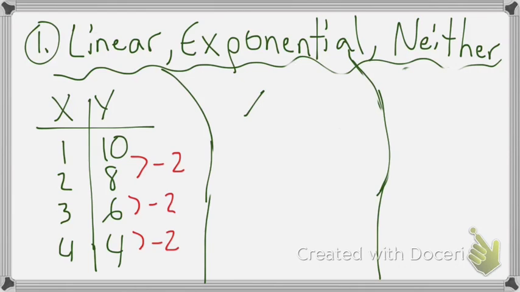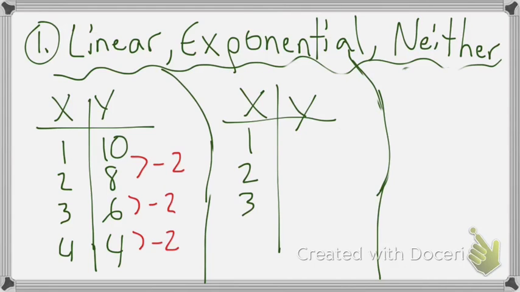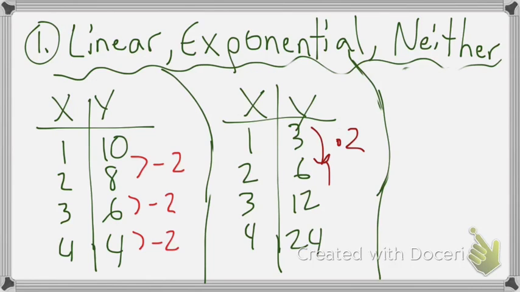An exponential one, remember that's multiplying or dividing. So maybe like 3, 6, 12, 24. Here we're multiplying by 2. So that's how you know if it was exponential or not.